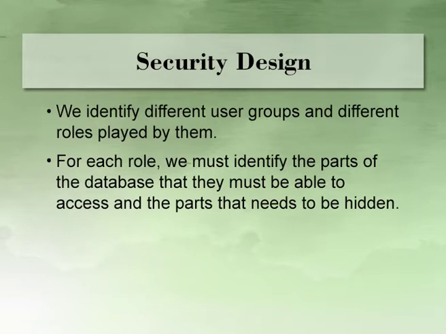Like a data entry operator can enter the data, but he can't delete the data. Even if he wants to delete the data, he has to have certain permissions from the administrator, or else he can't change the existing data until he takes the permission. So there are certain roles for each and every identified group, and those roles should be well defined. For each and every role we must identify the parts of the database for which the permissions need to be given. These permissions are called the access permissions, access rights, and you have to provide only those privileges to the groups.